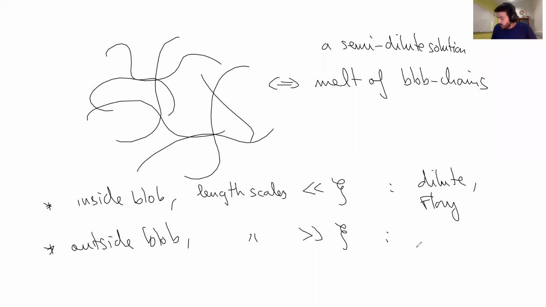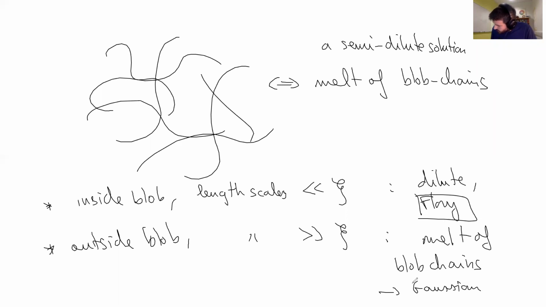Then it's a melt of blob chains. And so you have the Gaussian statistics. Okay, so Flory at small scales and Gaussian at large scales.